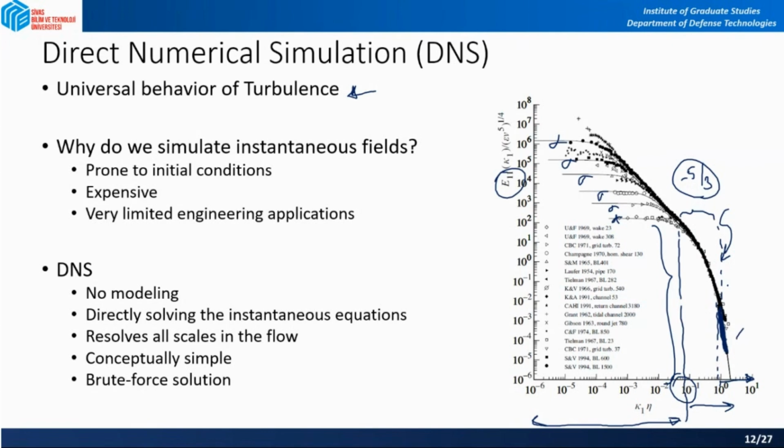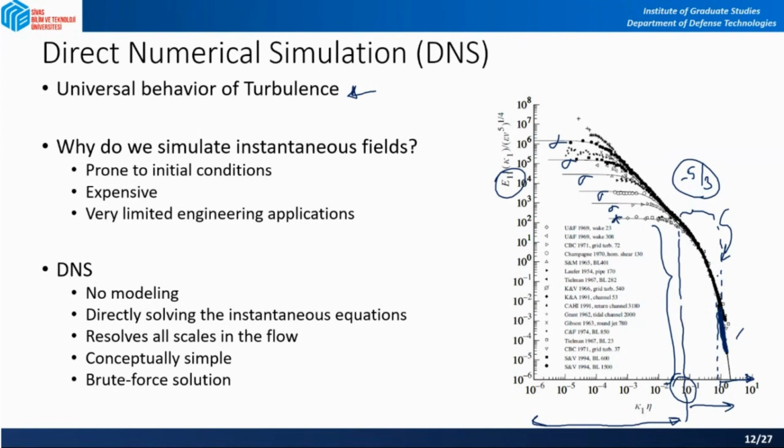In the dissipation range, you can see how fast the energy drops as the wave number increases. Actually, the line is much steeper than the slope of this curve, which is minus 5 over 3 in the inertial subrange.